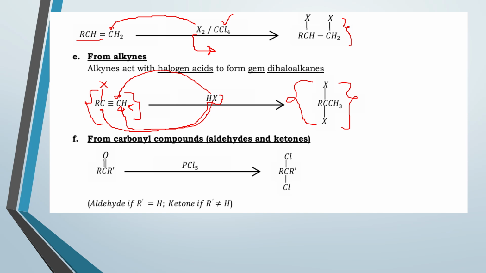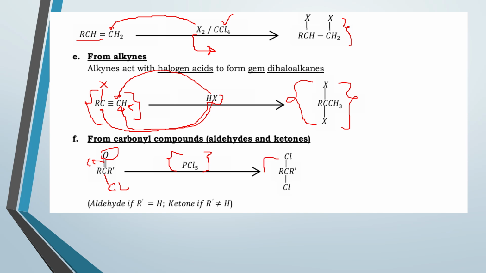Now we can also prepare dihalides from carbonyl compounds. For carbonyl compounds, we simply use phosphorus pentachloride. Always remember, when you're using phosphorus pentachloride, we do not require any condition for this reagent. What it does is that it takes away this oxygen atom, and then one bond which was attached to this oxygen atom bonds with 1 chlorine atom, and the other bond also bonds with another halogen atom.